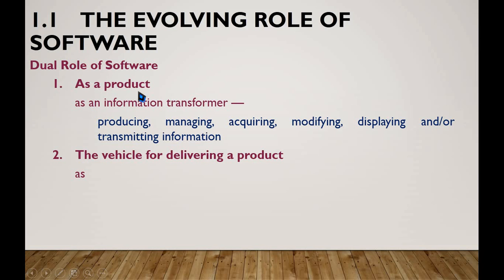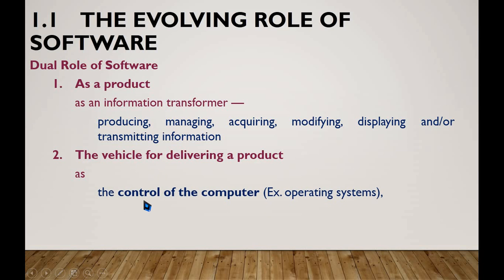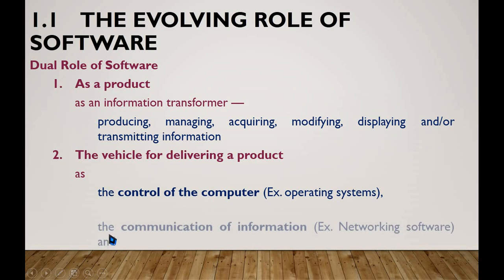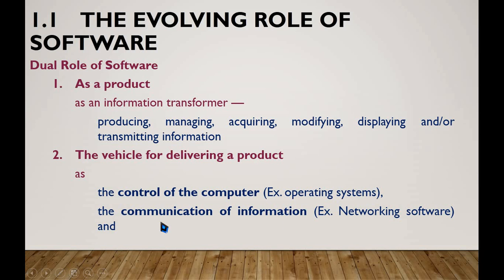And as a vehicle for delivering a product, it is the control of the computer, communication of information, and creation of other programs. So these are the two roles software mainly plays.